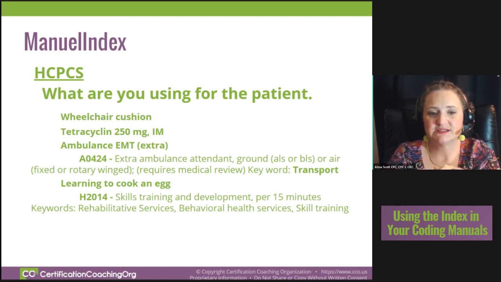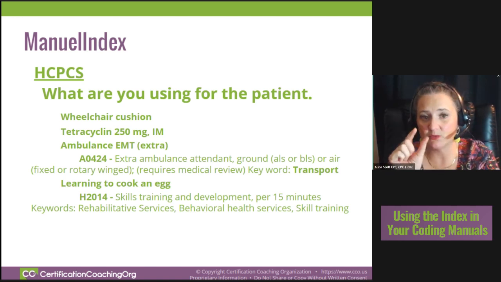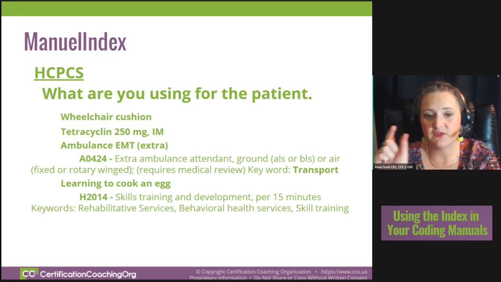Next one is tetracycline 250 milligrams IM. Now, most people know tetracycline is an antibiotic. Don't worry about the 250 milligrams, but it will tell you that it gives up to 250 milligrams. So if you're given 500 milligrams of tetracycline, then you're going to use that code times 2, right?